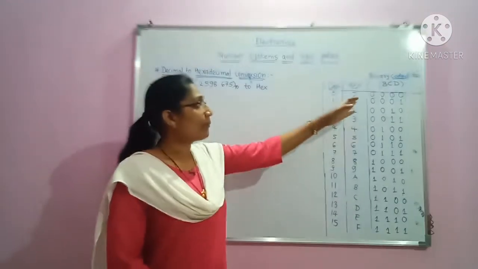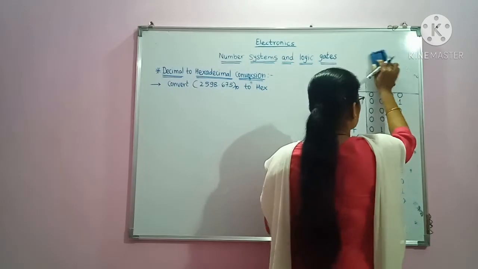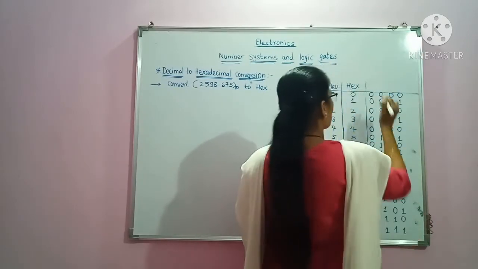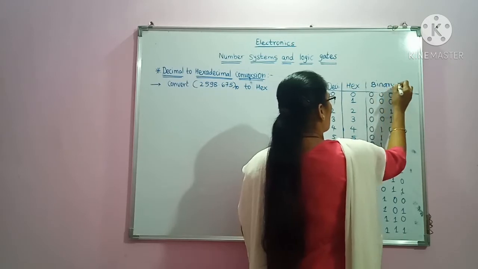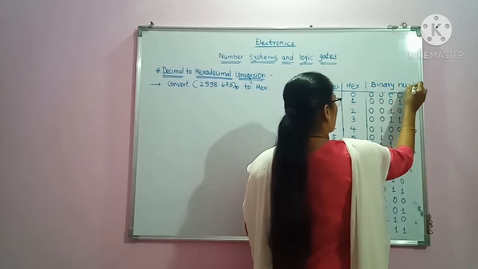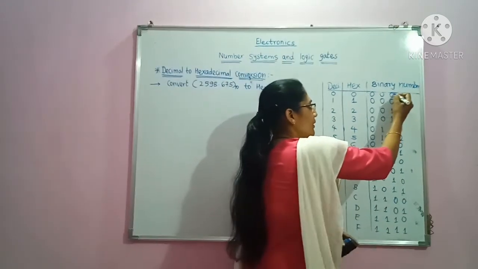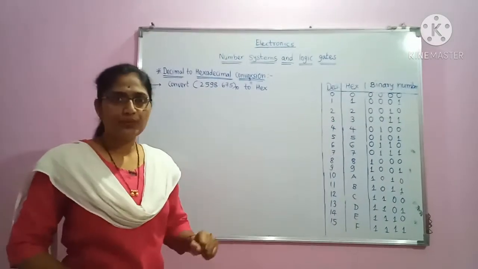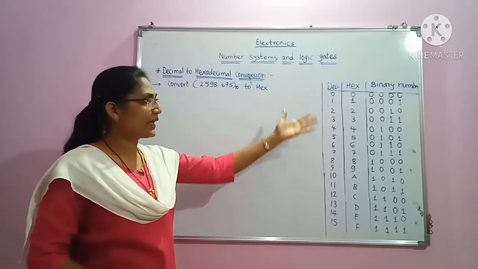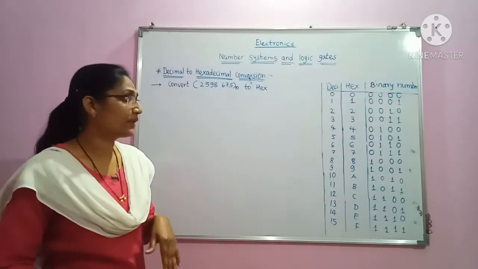Then binary equivalent numbers of these are given in terms of a nibble consisting of 4 bits, and I have already told you how to generate those binary numbers instead of reciting them.